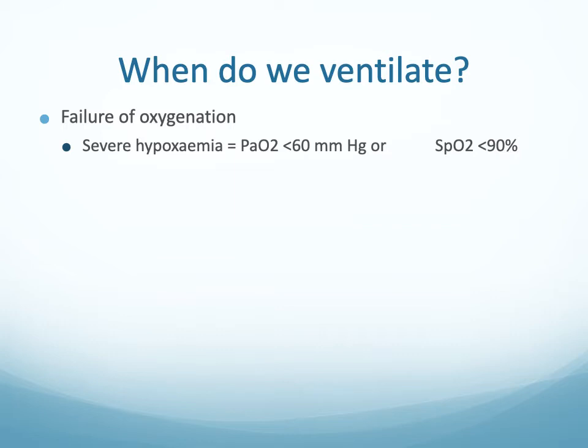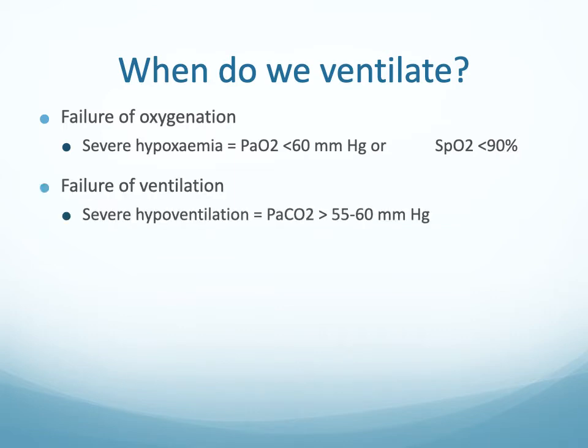So things like pneumonia, pulmonary edema, so that would be cardiogenic or non-cardiogenic, pulmonary contusions where there's blood in the alveoli, and then obviously we've got the tick paralysis dogs that have aspirated. So those are the patients that will have a failure of oxygenation.